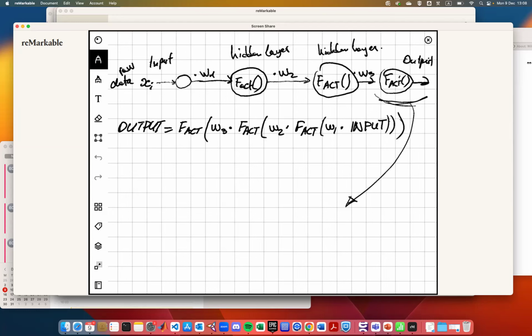So at the end, the whole artificial neural network is a function of the input and weights, weightings of the particular input features.